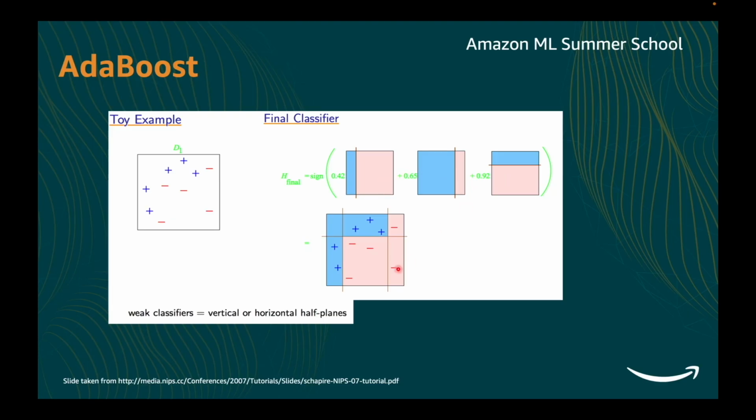The combination of them ends up with this very nice classifier over here, which in the end is able to make a very high quality prediction. So you're able to get a final model which is very low bias, and it has high training accuracy as well. And usually this is a model which also generalizes well and does well on the test dataset as well.